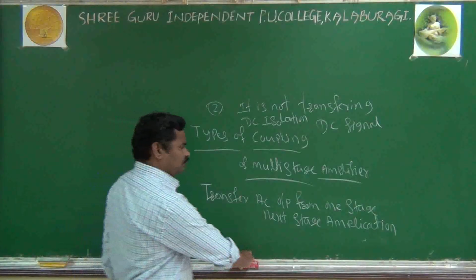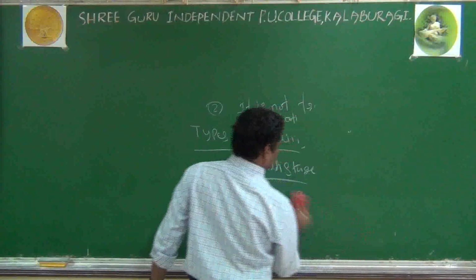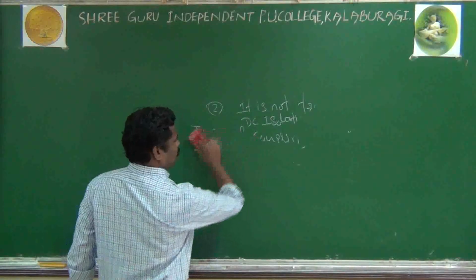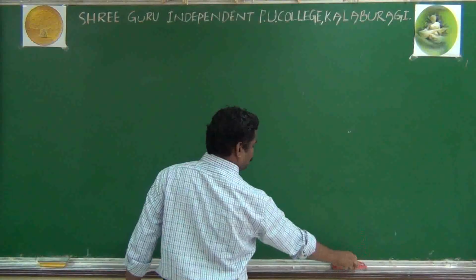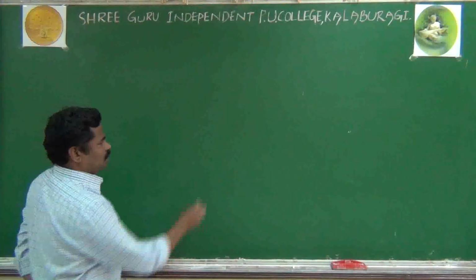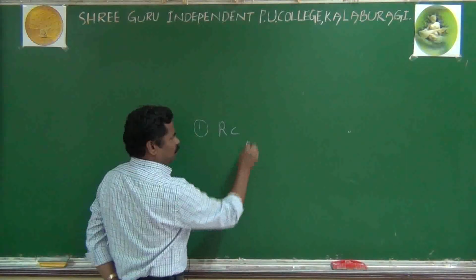In coupling, there are three types of coupling. We go one by one. One is the RC coupled amplifier.